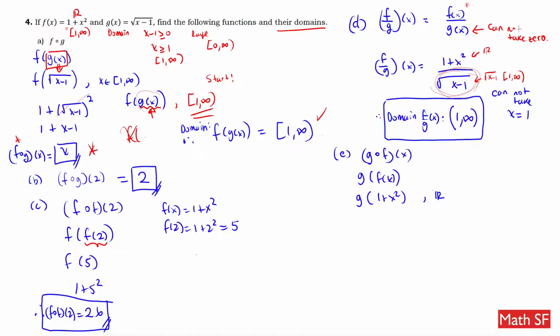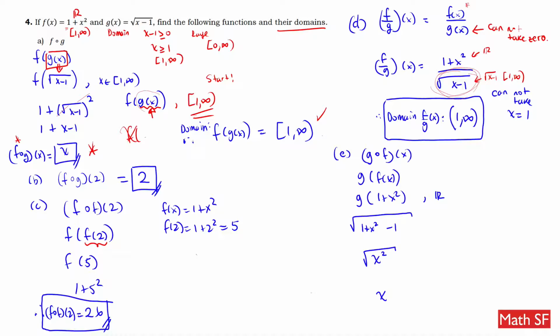We're starting with all the real numbers. Let's go for g. So g of this part here will be, well, I'm going to have a radical, and I'm going to put 1 plus x squared, minus 1. 1 minus 1 gives you x squared. The square root of that, and the square root of x squared is just x.